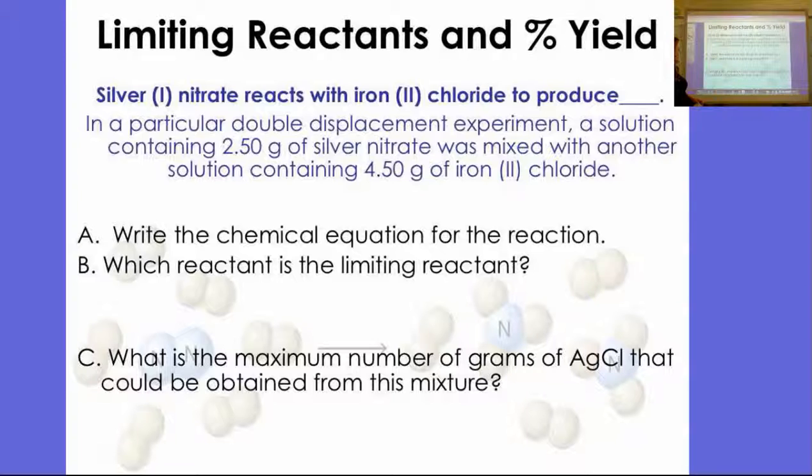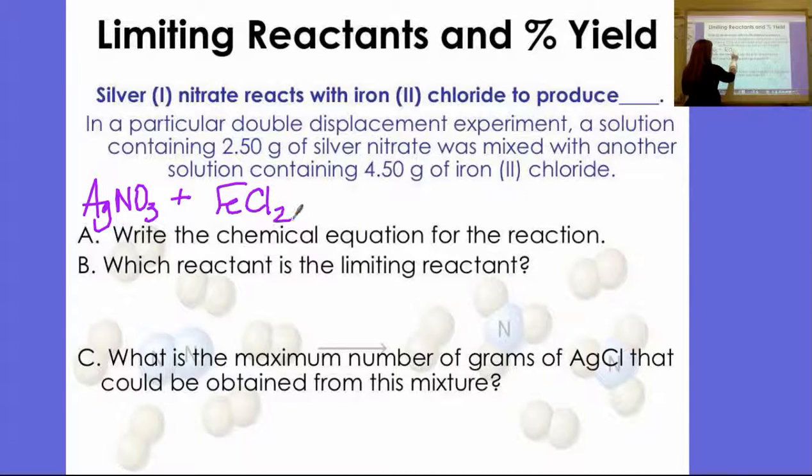First step, writing the chemical equation. Silver nitrate, now we have silver nitrate again. This time it's reacting with iron 2 chloride. This is a double displacement reaction. In a double displacement, we have our double swap. So my iron and my silver are going to switch places.